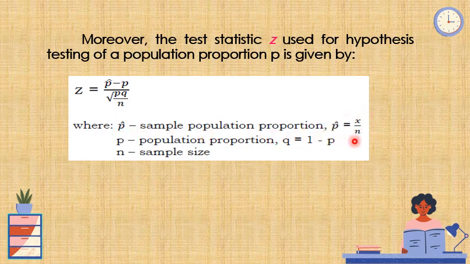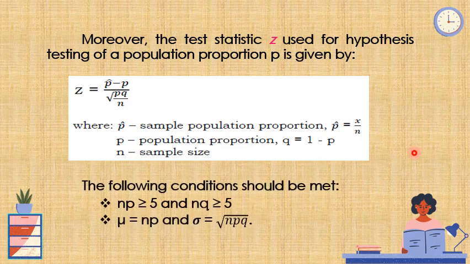This is the formula of our P hat, X divided by N. And P is the population proportion. Again, P hat is the sample population proportion, P is the population proportion, where the formula of Q, as stated earlier, is 1 minus P, and N is the sample size.